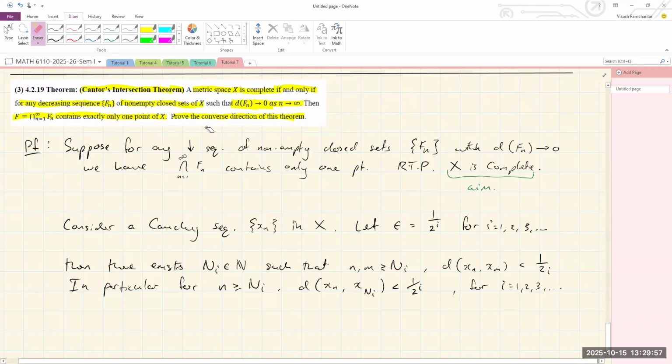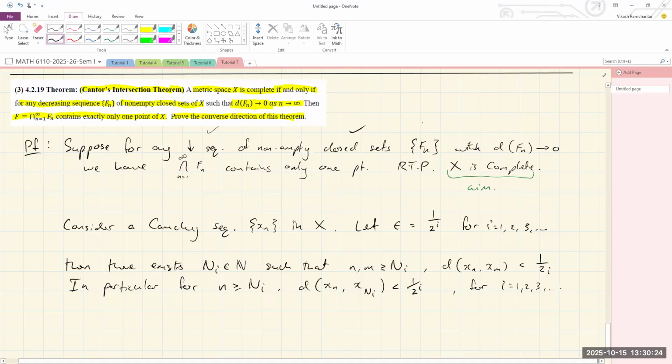Notice if the diameter is going to 0, then the radius is obviously going to 0. So how do I construct these sets? I'm going to make a bunch of closed spheres, because a closed sphere is always a closed set in a metric space, and I'm going to make these closed spheres nested, so they will be one inside each other.